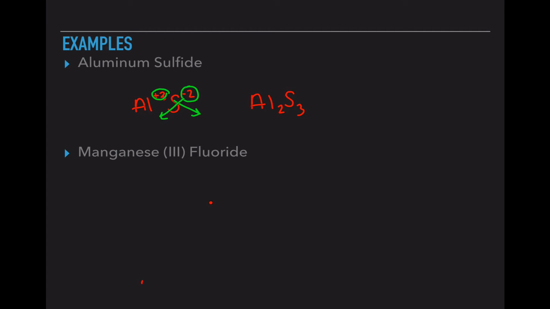Okay, so we need 2 aluminums with a +3 charge and 3 sulfurs with a -2 charge to zero out those charge values. Now manganese 3 fluoride. This is what I was talking about when I said Roman numerals.